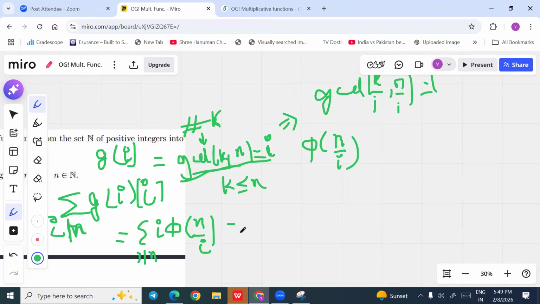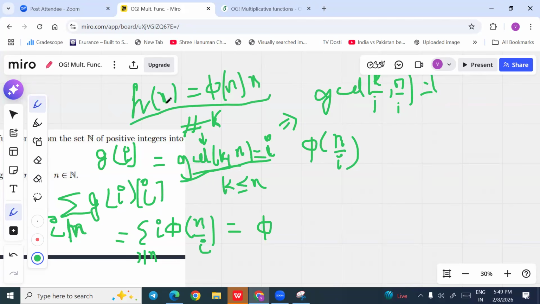And you can very well see this in terms of Dirichlet convolution as well. It's phi convolution identity. No, it's not directly. Let's say if you define another function h of n as phi of n times n, then it's h of n convolved with 1. Why can't you just say phi convolution identity?